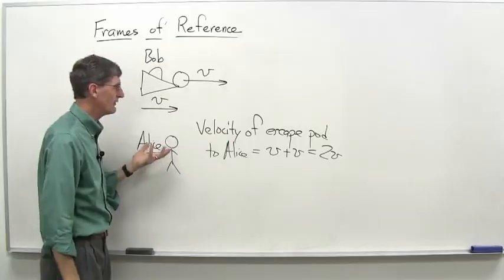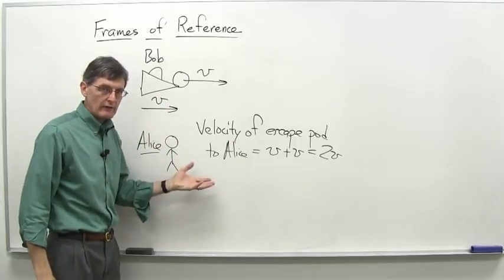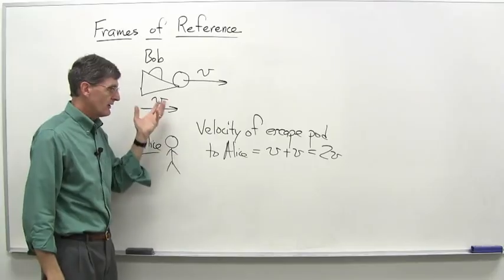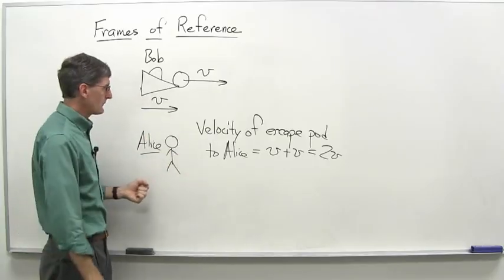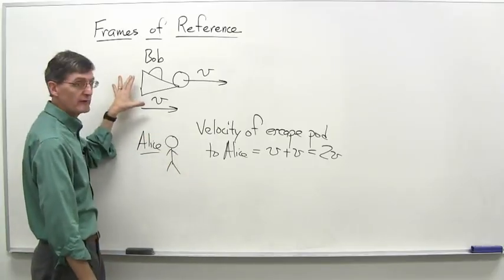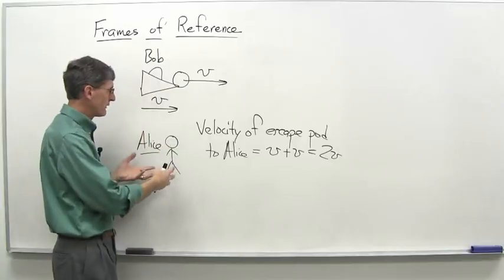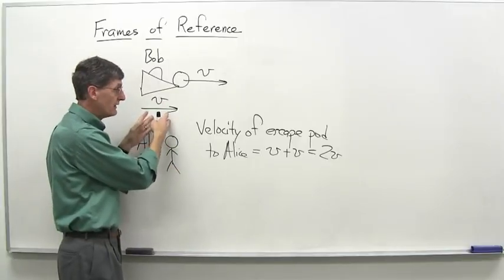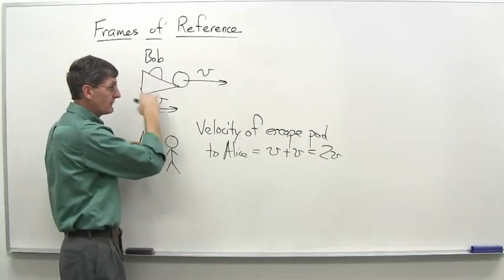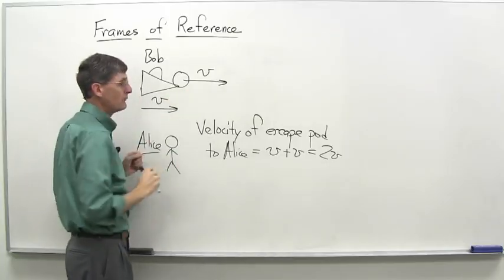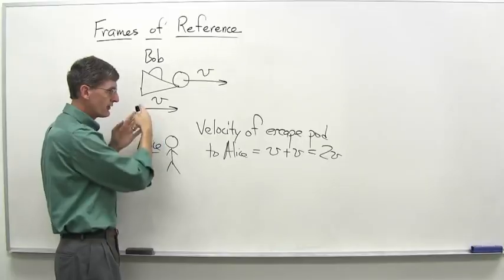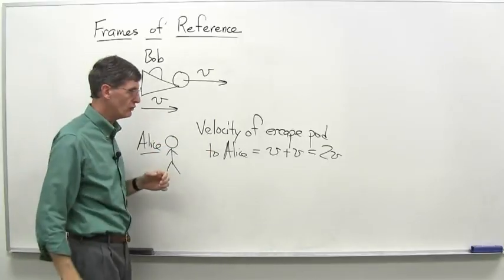So that's the idea here, that when you're combining velocities in frames of reference, the velocities just add. Again, in Bob's frame of reference, he shoots out his escape pod with some velocity. In Alice's frame of reference, he's at velocity v. In this case, the escape pod is moving away from Bob at velocity v, and so to Alice, the escape pod is moving at velocity 2v.